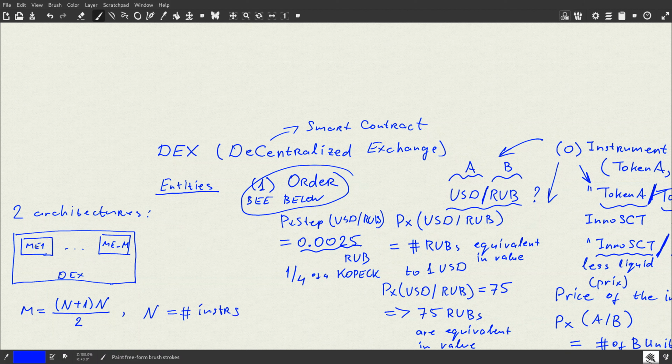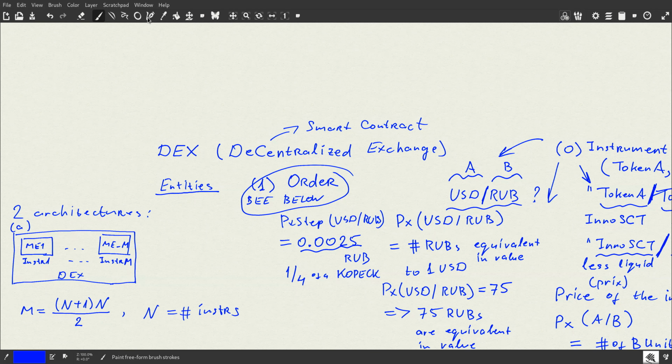So for example, matching engine 1 is for instrument 1, and so on. Matching engine M is for instrument M. That's case A.